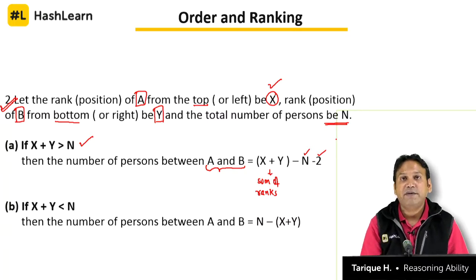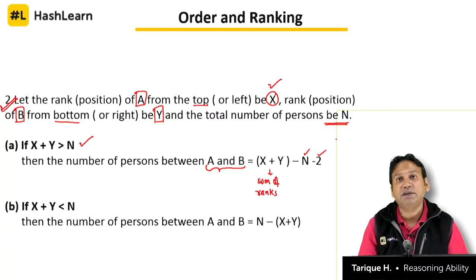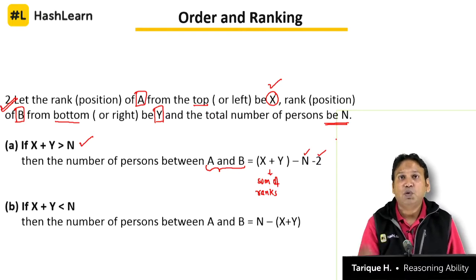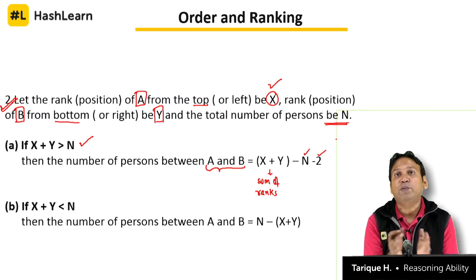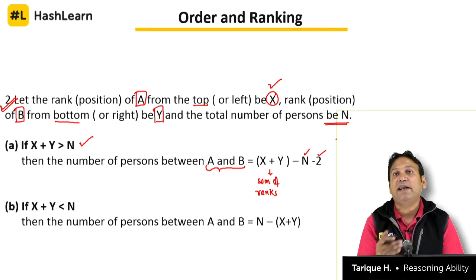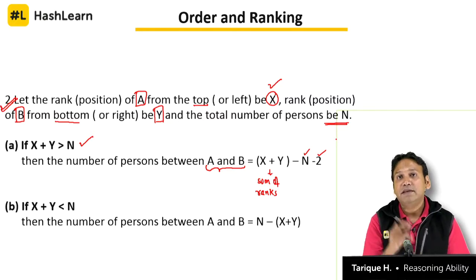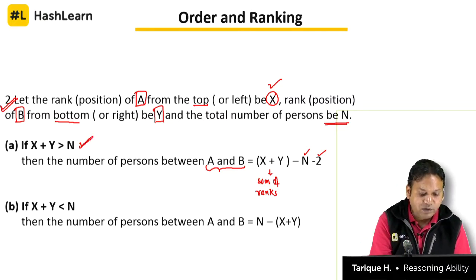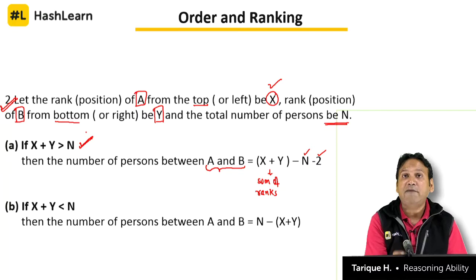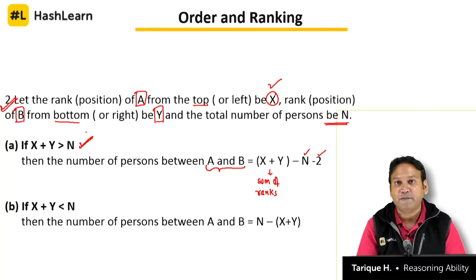So again you understand this: when the rank of one person from the top is given to you, the rank of one person from the bottom is given to you, and the total number of students in the class is also given to you, then the number of persons between the 2 persons given to us, that we are calculating, is X plus Y minus N minus 2. But when does this apply? This applies when the total number of students in the class is less than the sum of the ranks of the 2 persons. Which 2 persons? The ones whose rank from the top and bottom are given to you.